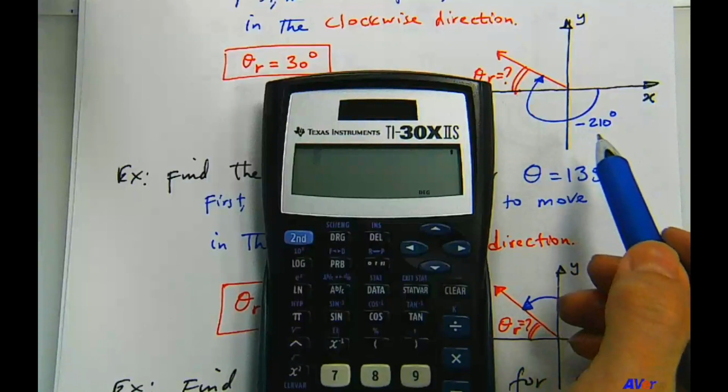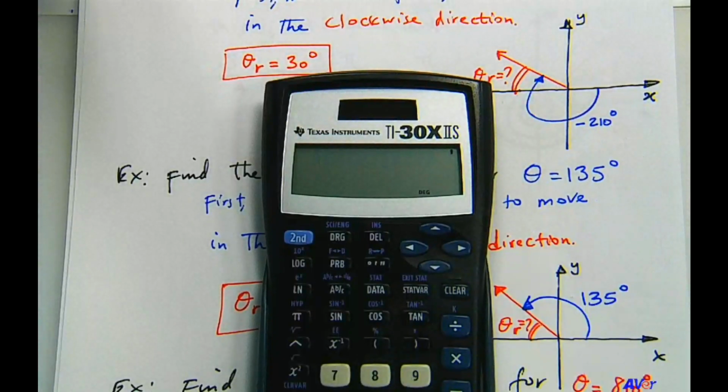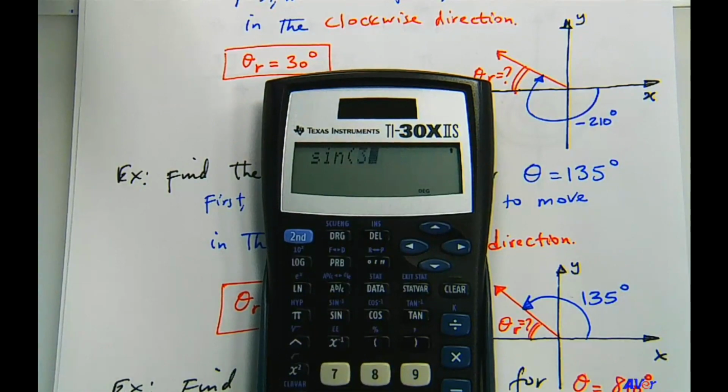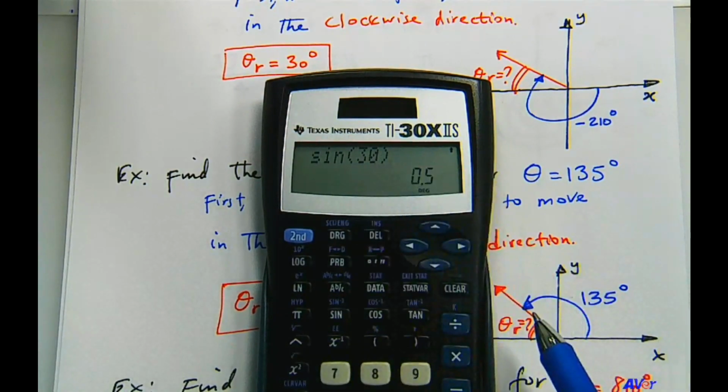So if we take the sine of negative 210, so sine of minus 210, right? What is that value? It's 0.5, right? So if we take the sine of 30 degrees, so sine of 30 degrees, that is equal to 0.5.